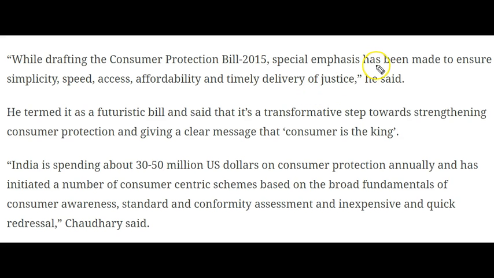The bill emphasizes ensuring 5 things. So remember the 5 points. The Consumer Protection Bill 2015, if passed, will ensure simplicity, speed, access, affordability and timely delivery of justice.